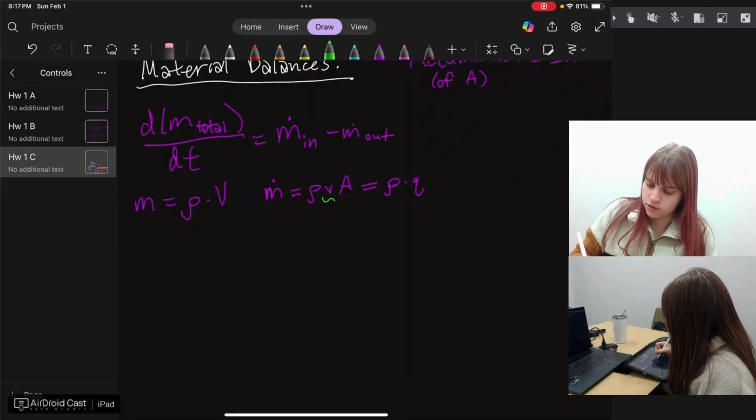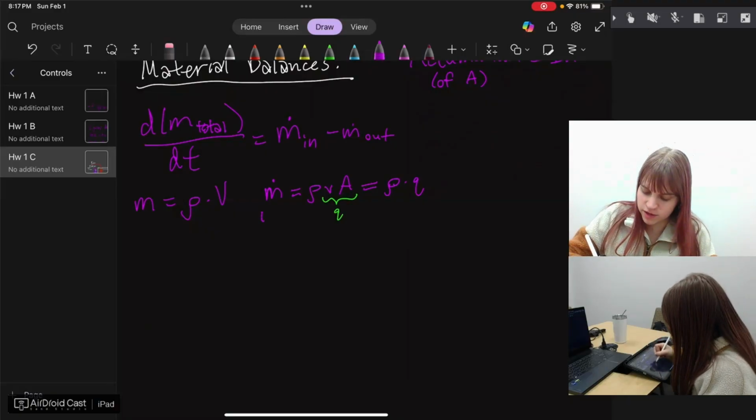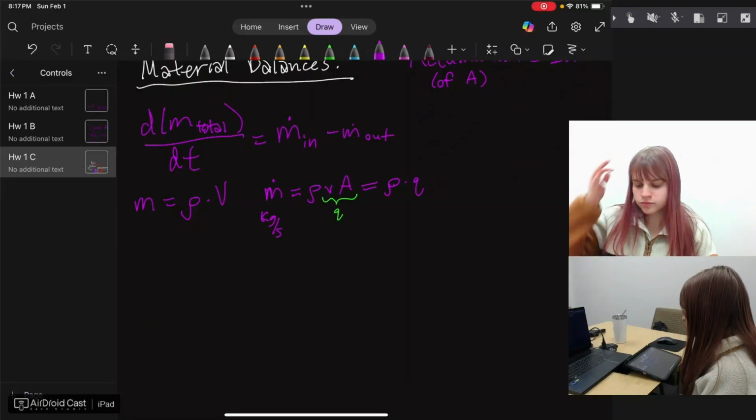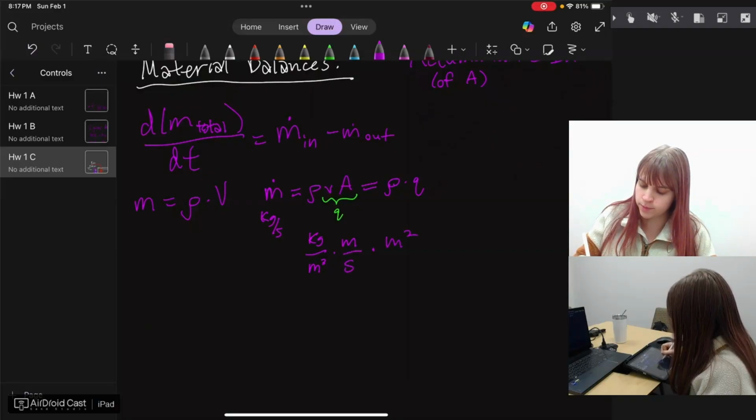So we should have kilograms per second. Let's check that really quickly. Density is in kilograms per length cubed, velocity is meters per second, and area is meters squared. So our meters cancel, and we have kilograms per second.